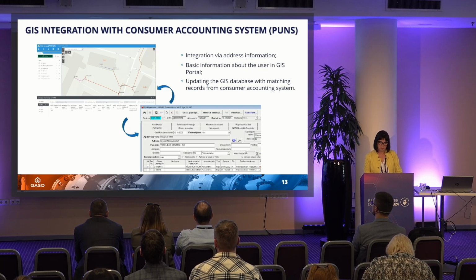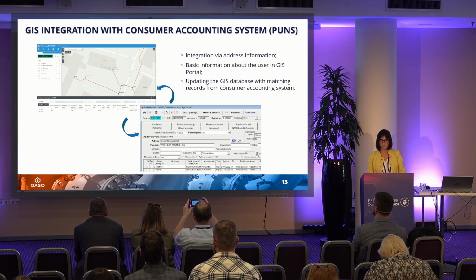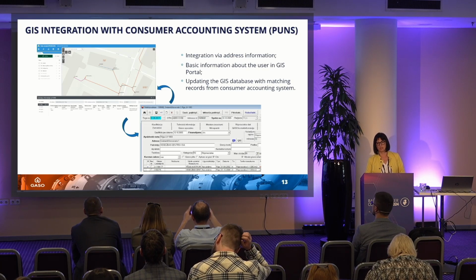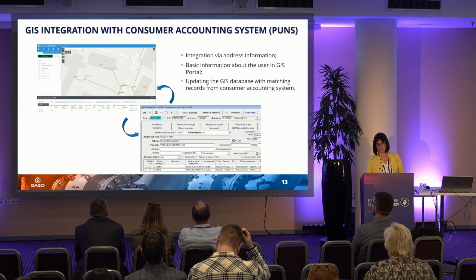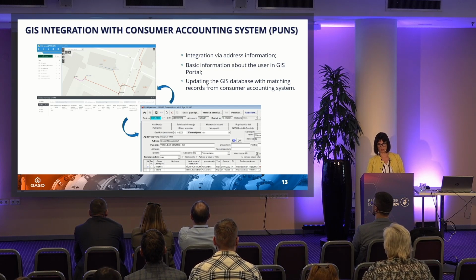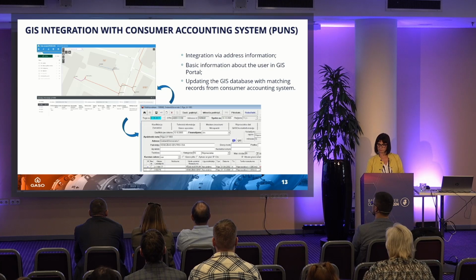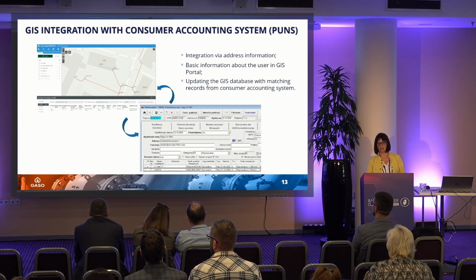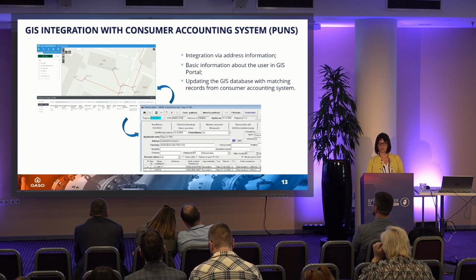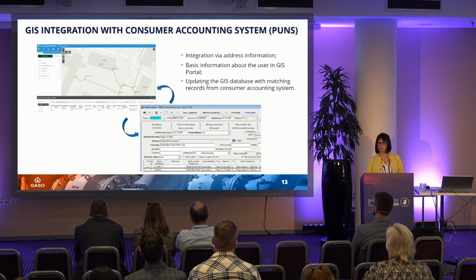This is our biggest integration so far. Everybody in the GIS portal sees the basic information about the exact customer from the customer accounting system, and all the client points in the GIS are connected via address, because both systems use the state address to register data.